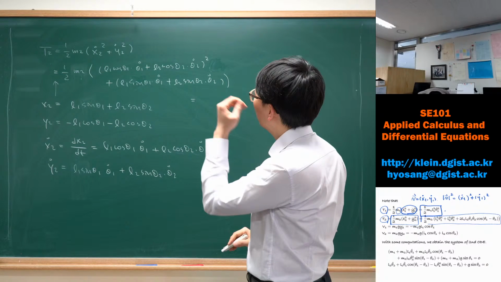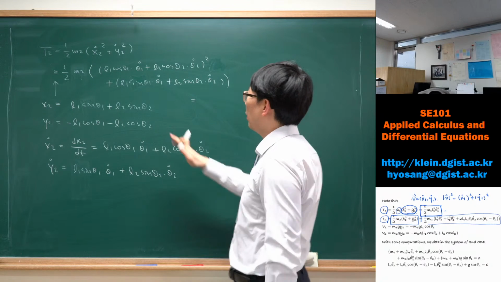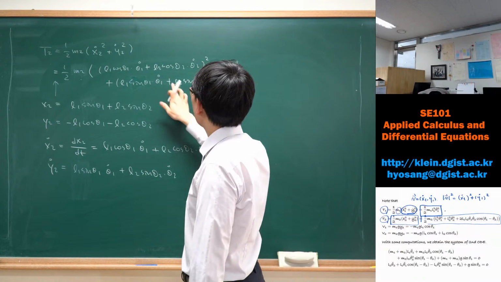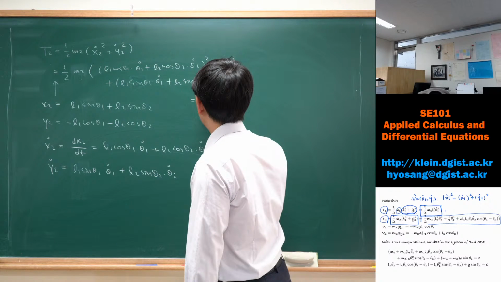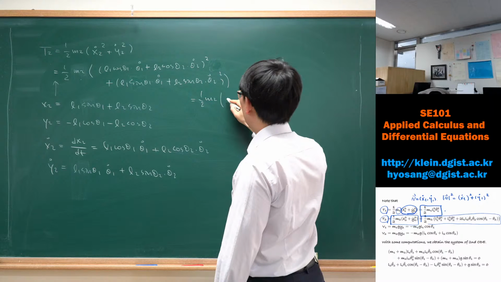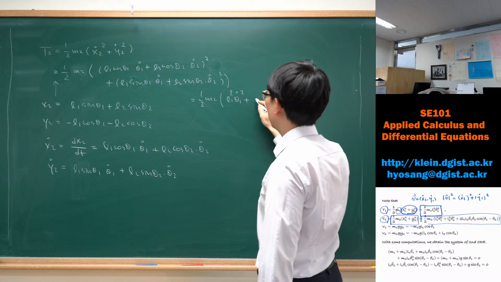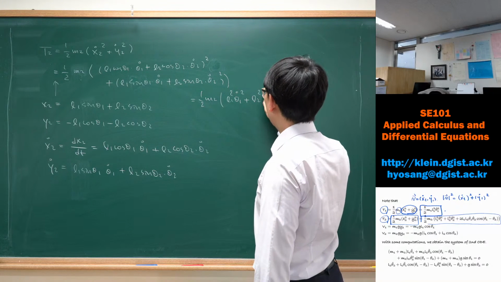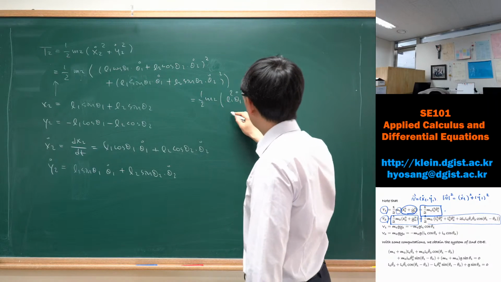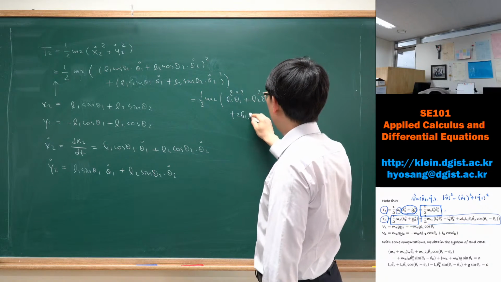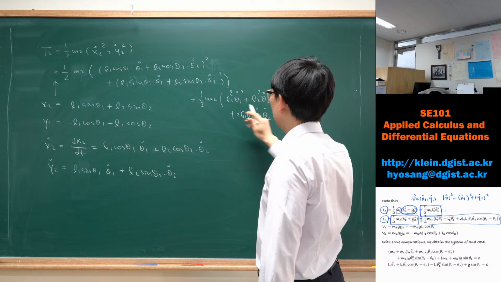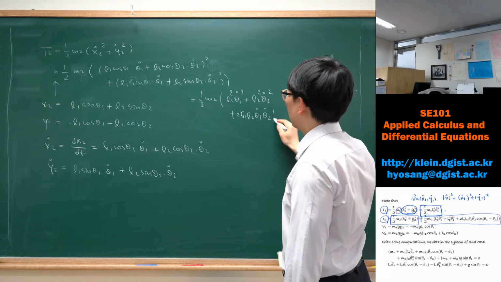So let's combine the two terms here. We have a cosine square and sine square when I take the square, and also cosine square, sine square. So it's 1 over 2 m2 of L1 square theta 1 dot square and L2 square theta 2 dot square. And how about the middle? We have 2 times L1, L2, theta 1 dot, theta 2 dot. It's common in this product and this product.